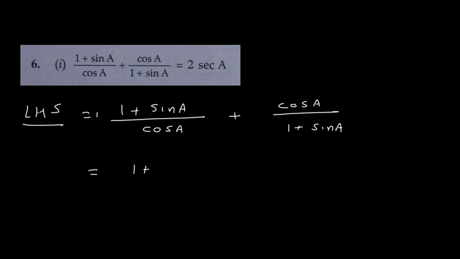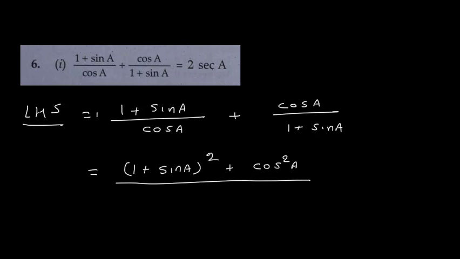So again it will be 1 plus sin A the whole square, plus cos square A, and our denominator is cos A into 1 plus sin A.